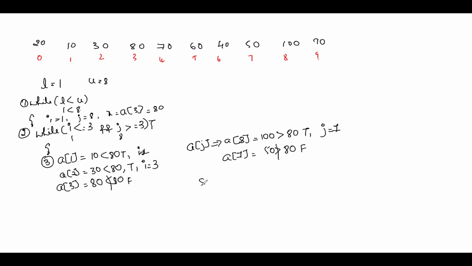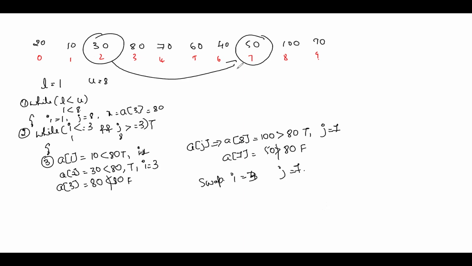Now what I need to do is swap the values at i equal to 3 as well as j equal to 7. I'm going to be swapping these two values.